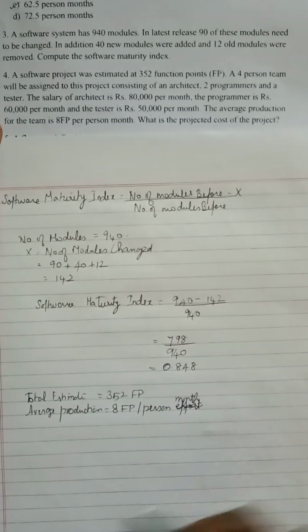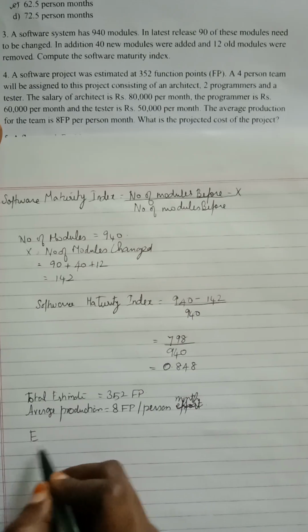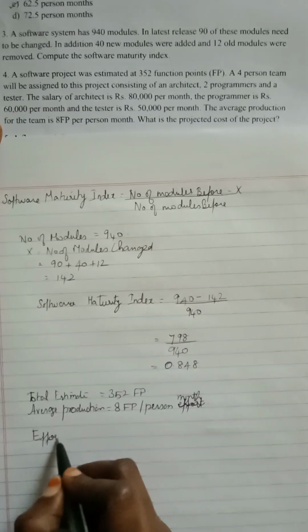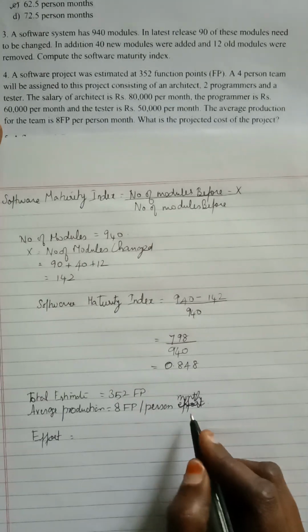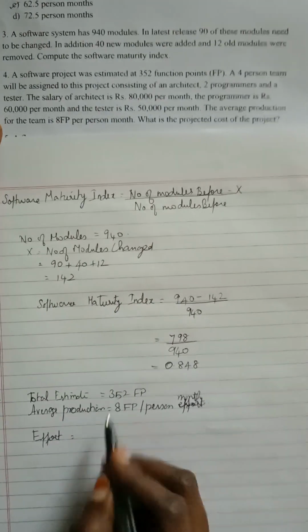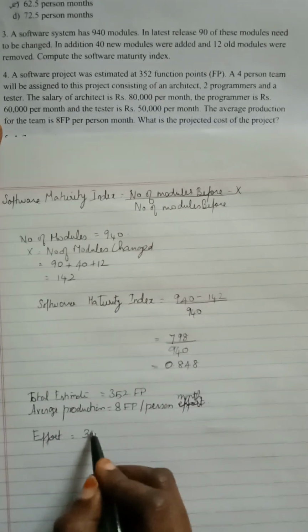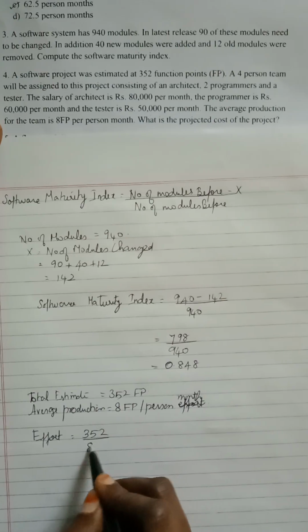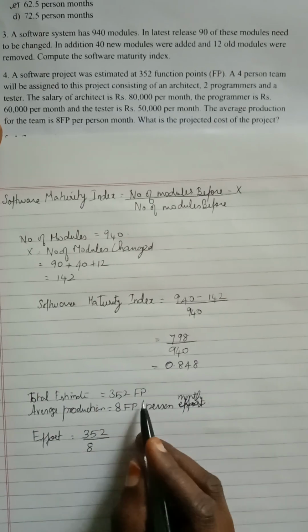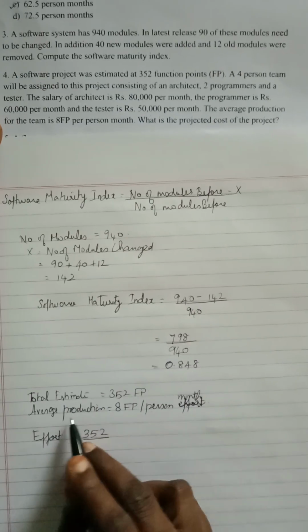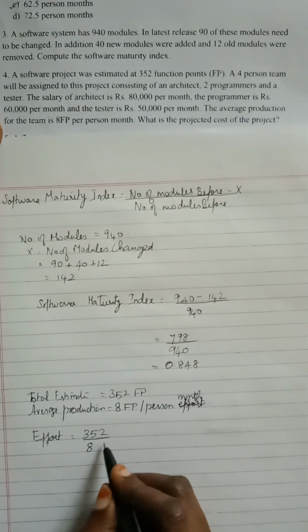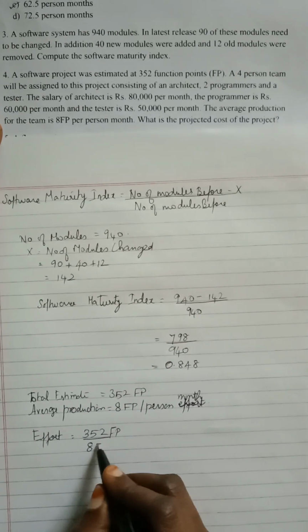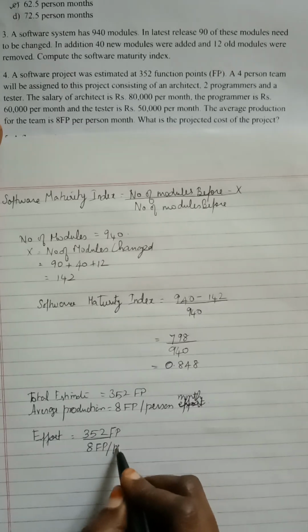So if you want to calculate the effort, how much effort in person months. So how will you find out the person months? So you divide this 352 by 8. So 352 by the 8 average of the production will give you what? This is FP, this is FP per person month.